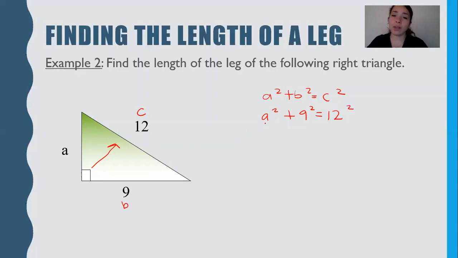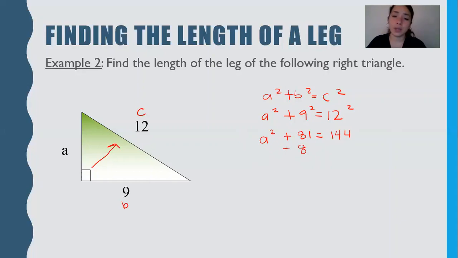Now let's go ahead and solve it. A squared, we don't know what that is yet. We know what 9 times 9 is, because 9 squared is the number multiplied by itself, that's 81. And then 12 times 12, that would be 144. Now, is A by itself yet? No, we need to get rid of this plus 81. How do we get rid of it?